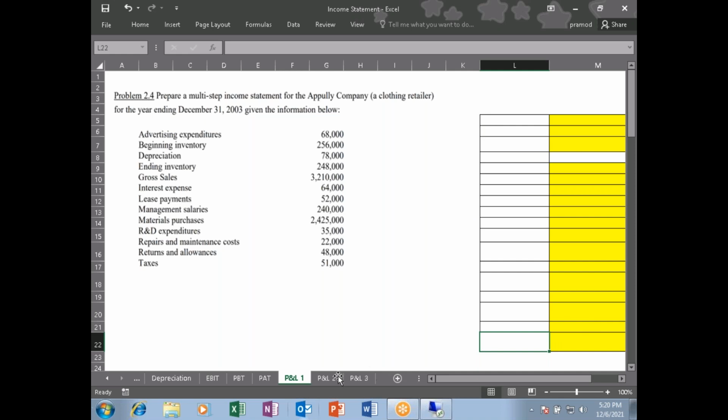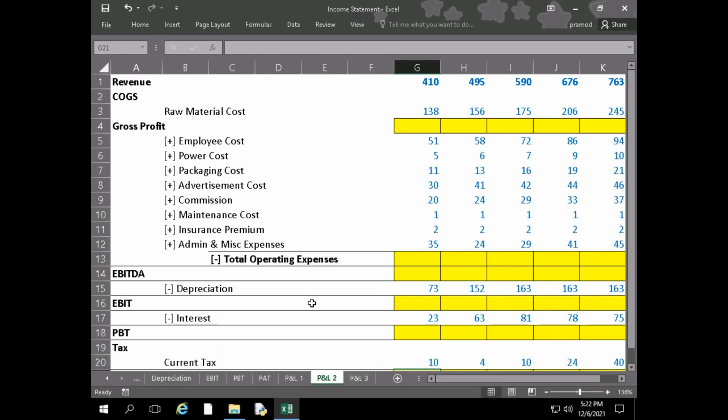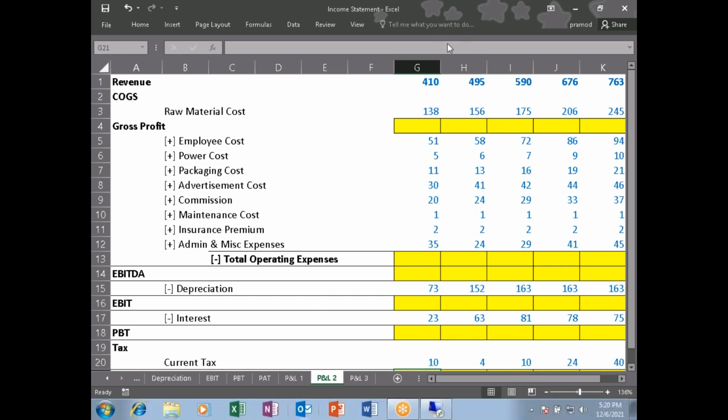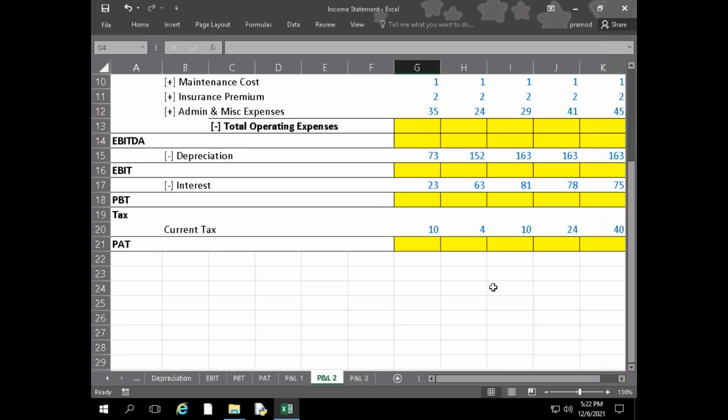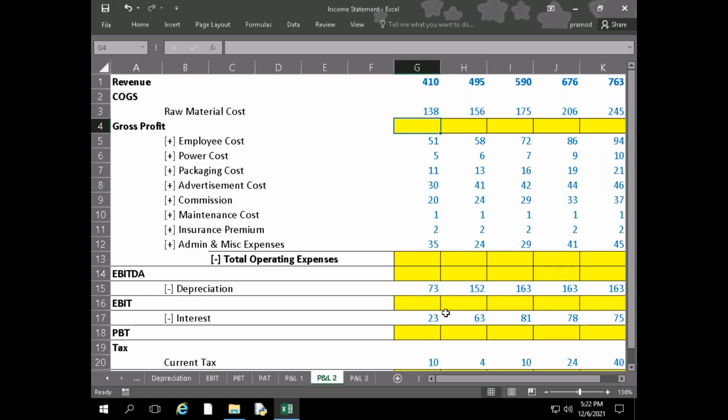Yes, Anaga. What difference? Sir, in the P&L 2, sir. So here you will just do the calculation.